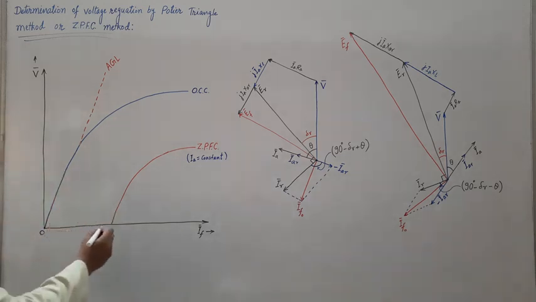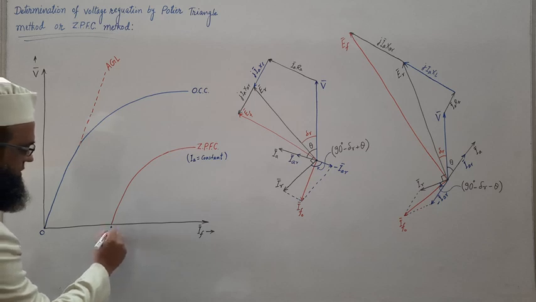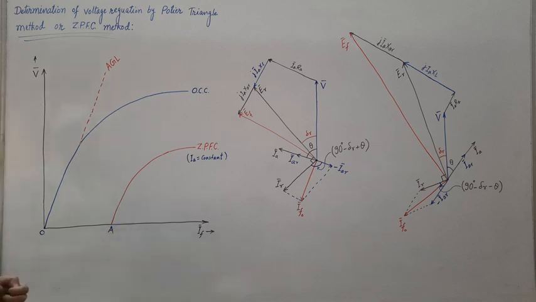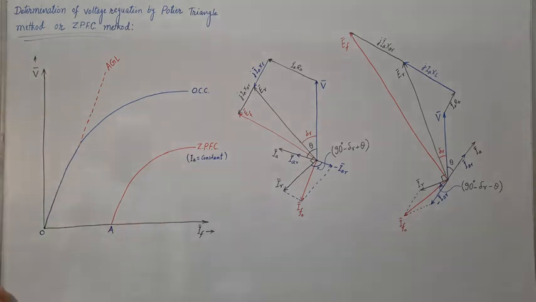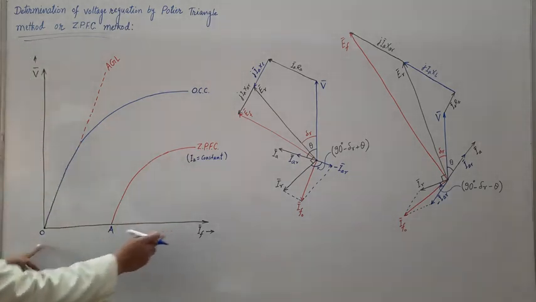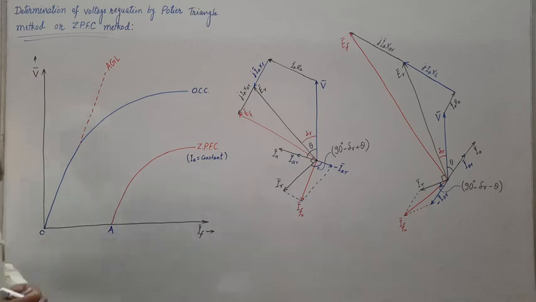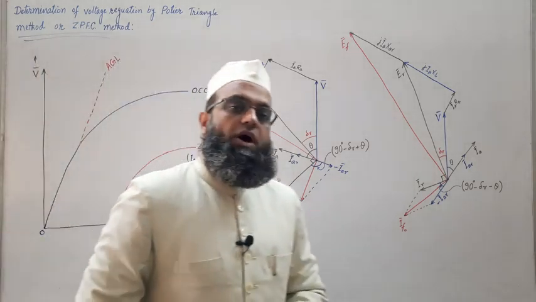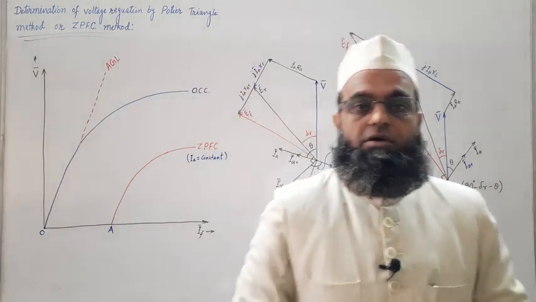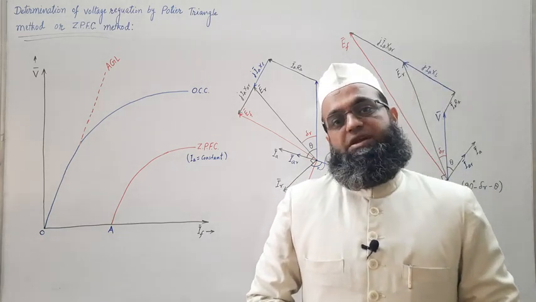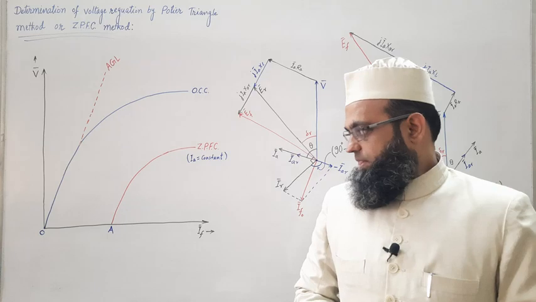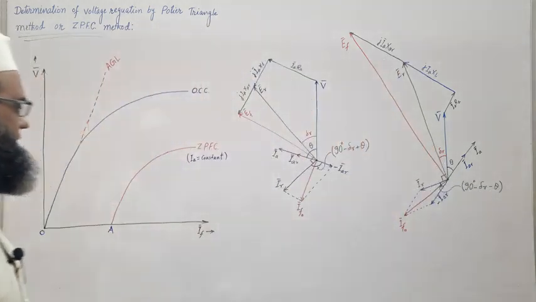So let us mark this point as A. In the previous lecture we already discussed the ZPFC, and we know that this OA, the field current OA, is the field current required to overcome the armature reaction drop as well as the leakage reactance drop. Fine.